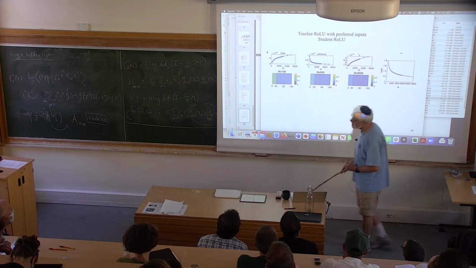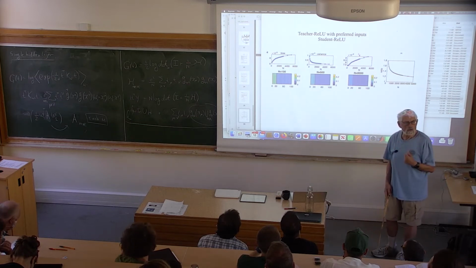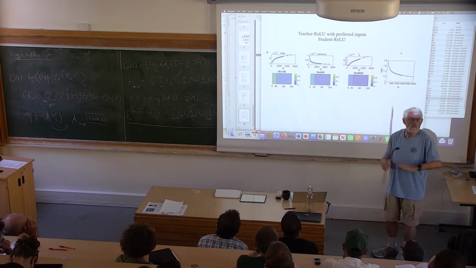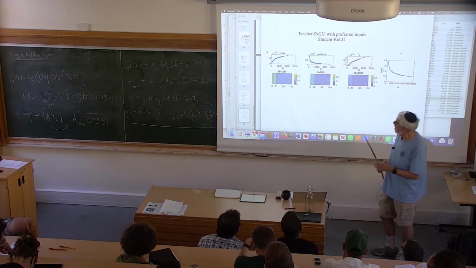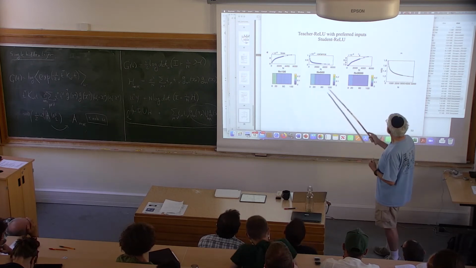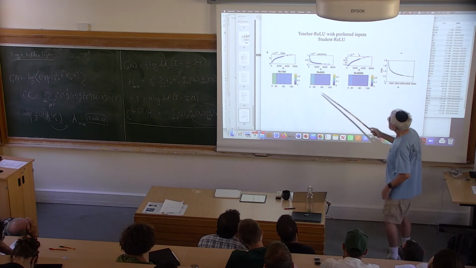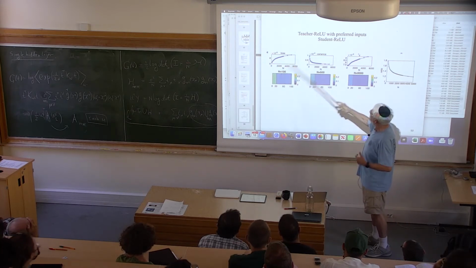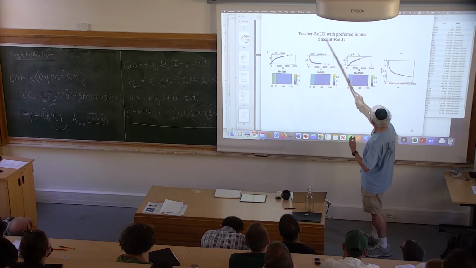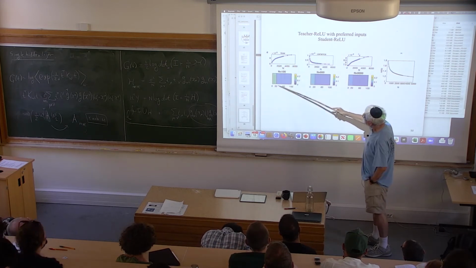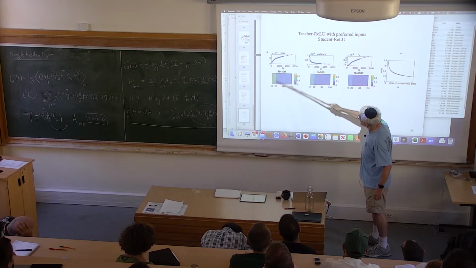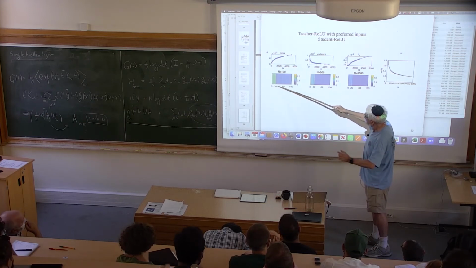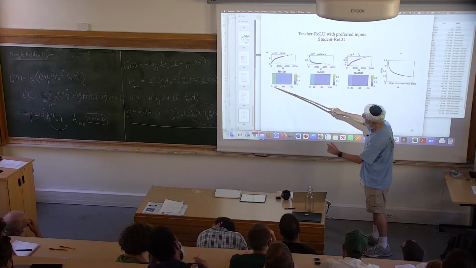And so we ask, okay, what happens if we just do a student ReLU on the same task? Okay, just a ReLU network for the student, no gating. And indeed, you see that the ReLU network is the same story. If the width of the student ReLU network for the same preferred task is narrow, this is the strength of the weights projected from the preferred input.